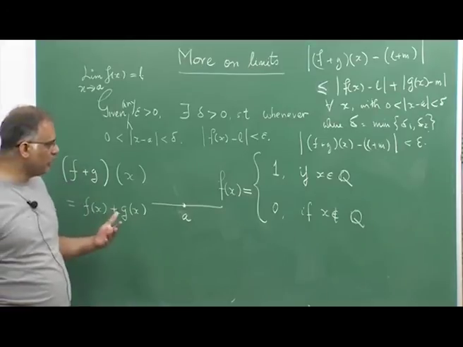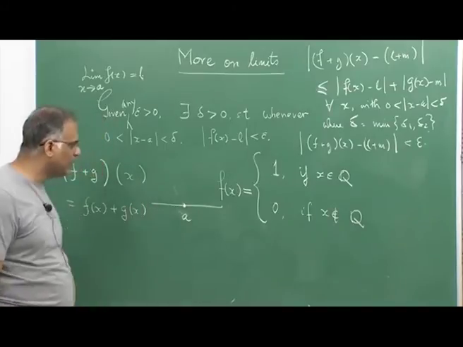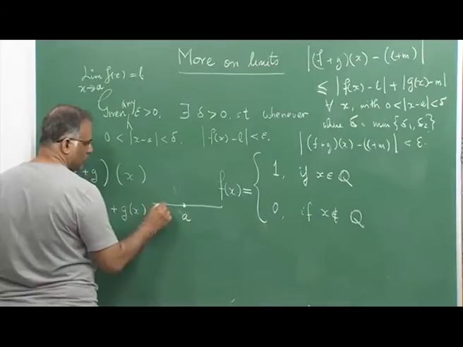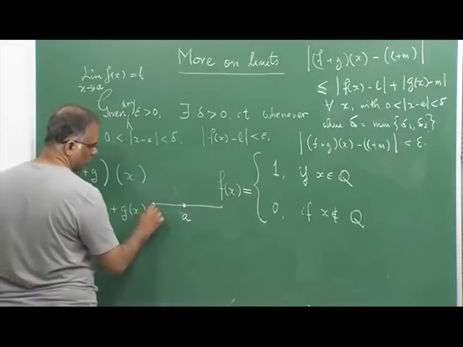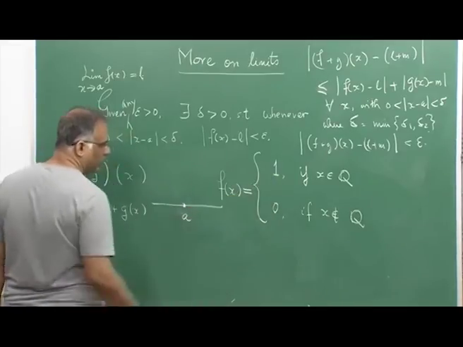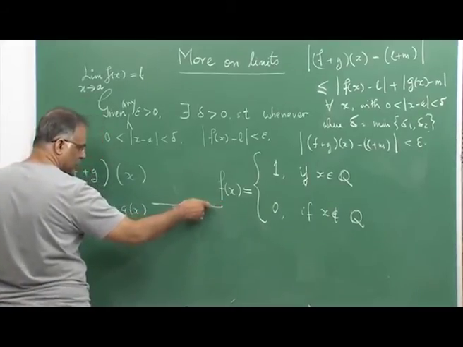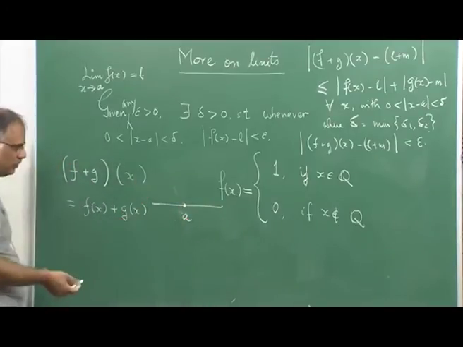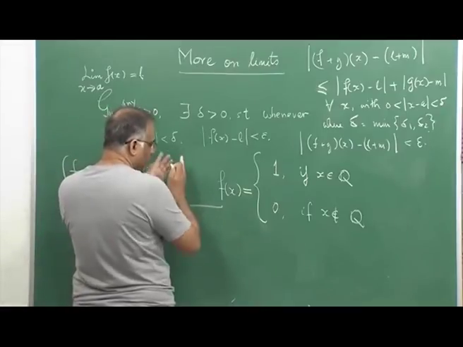I can now just think of taking only the rational numbers, so then my value would be 1. But if I take just the irrational numbers that also approach a, then the value would be 0. But if I take only the rational numbers, then it will be 1.